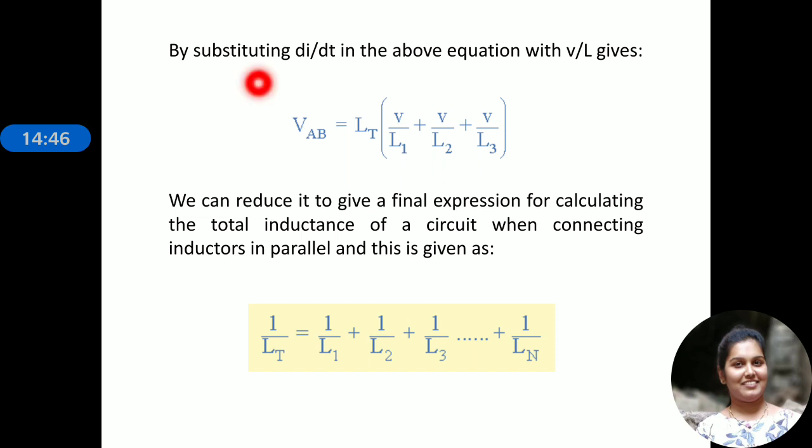So till now we have arrived up to this point, and we can reduce it to the final expression for calculating the total inductance of a circuit when the inductors are connected in parallel, by just taking the voltages common. We can write the final expression for parallel connected inductors as 1 by LT is equal to 1 by L1 plus 1 by L2 plus 1 by L3 up to 1 by Ln.